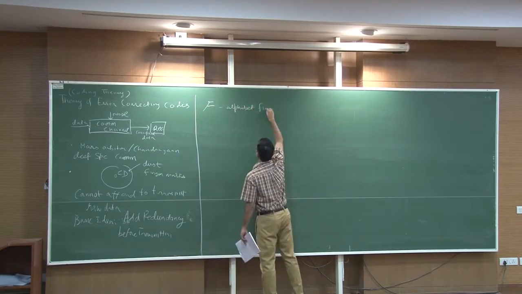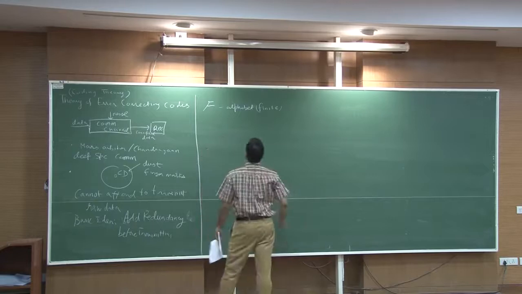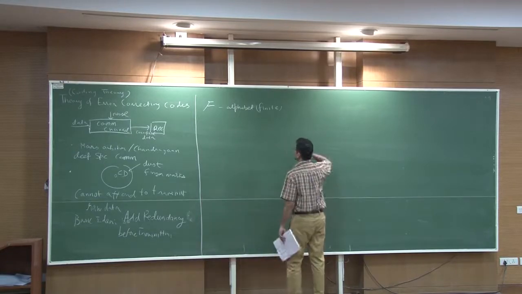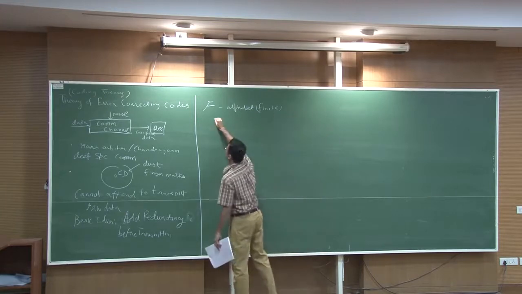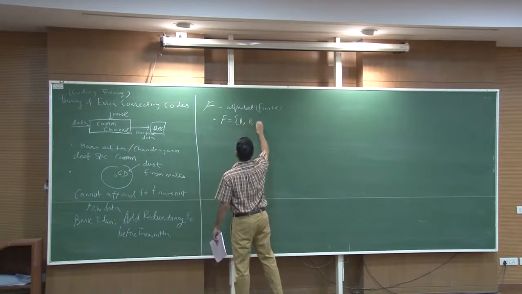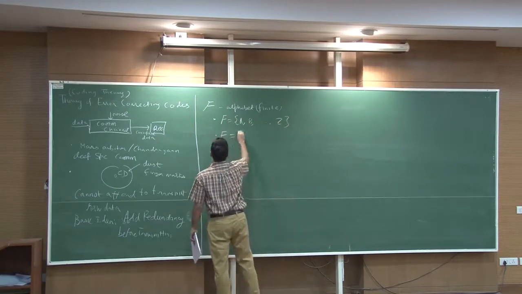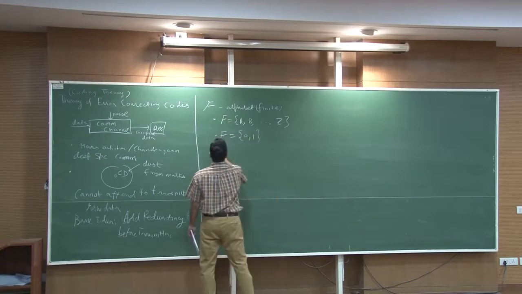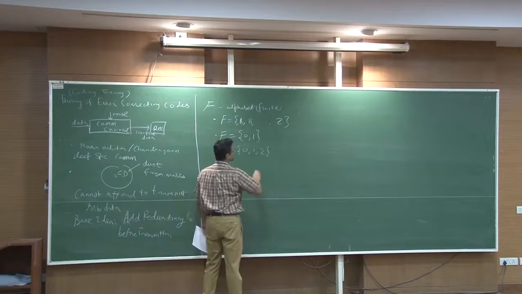Finite. So what is the data you are transmitting? I will assume it is of a particular type, digital data, alphabet finite. Say examples are F equal to maybe just the uppercase alphabets, or it could be the binary alphabet, or it could be ternary alphabet.